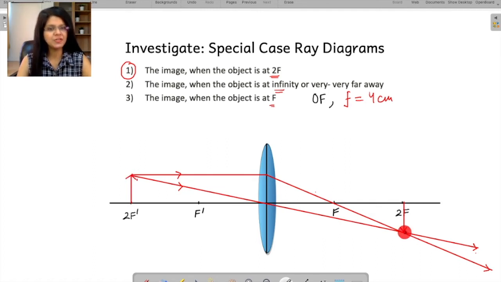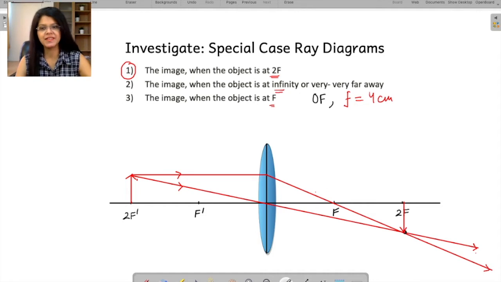Now use your ruler. This is the task for you. Use the ruler to find the height of the image and the height of the object. You'll see that they'll be of the same length. If the object you started with was 2 centimeters, the image will also be 2 centimeters.